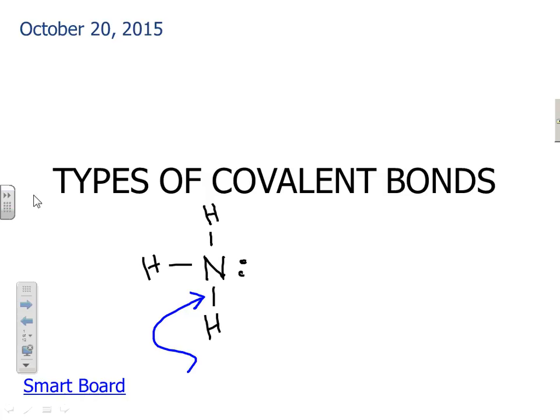We'd say, oh, look at the atoms getting together so nicely. They're sharing their electrons. Isn't it lovely? Well, it turns out that it really has nothing to do with sharing. So we want to look in closer detail at what is going on inside those bonds. That's what today's lesson is about.